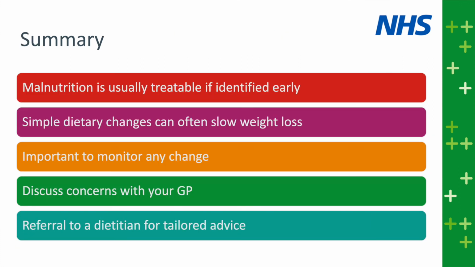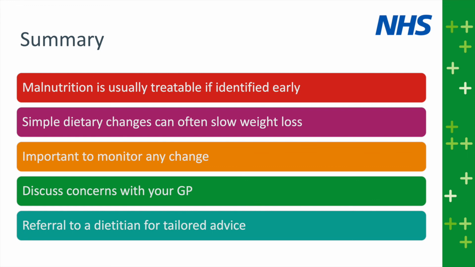So, just to summarize, malnutrition is usually treatable if it's identified early. And simple dietary changes can often slow weight loss. For example, a little and often approach, adding food toppers to meals, extra snacks, and nourishing drinks between meals.